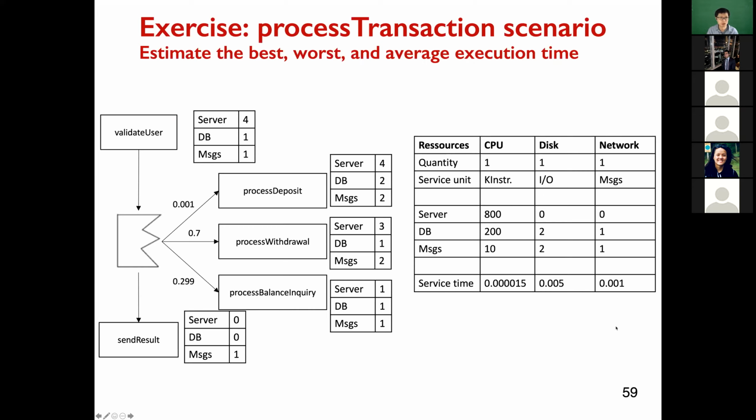So I want you to calculate the best and average executing time of this subgraph for process transaction. You can just look at this slide and do the exercise.